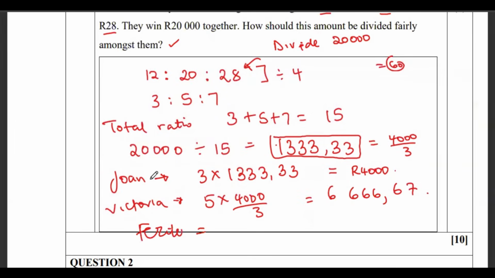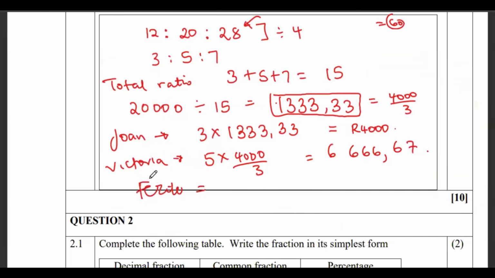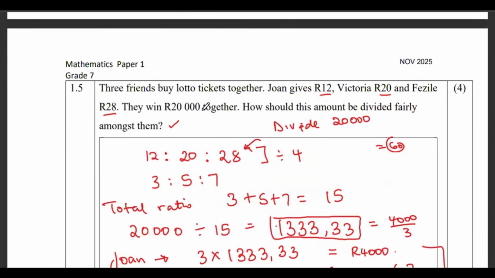Fezile was 28, which is a 7. So 7 times 4,000/3. When I multiply that, I'll end up with 9,333.33. So that's basically what we get. If we add up all these 3 numbers, we should be able to get to the 20,000 that they gave us.